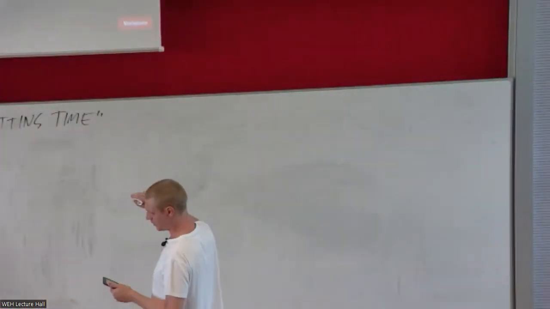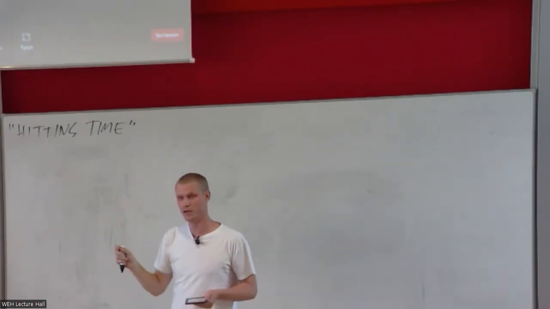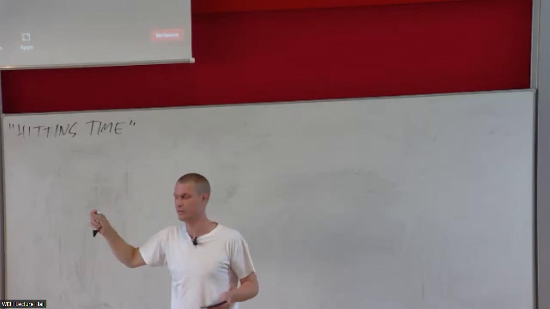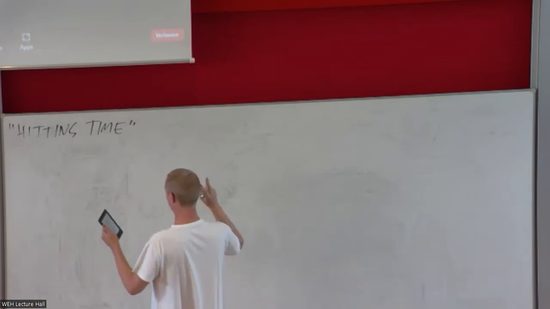The hitting time is the exact opposite picture, where you start from, say, the stationary distribution, but you want to find one element. You want to converge to one element in the sense that when you hit the element, you stop.